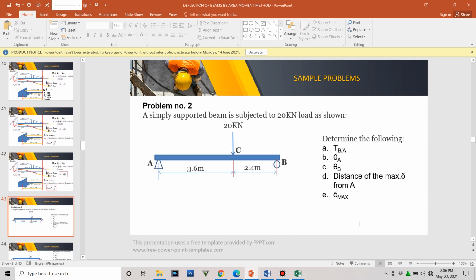So, problem number 2. This time we have a simply supported beam subjected to 20 kilonewton.